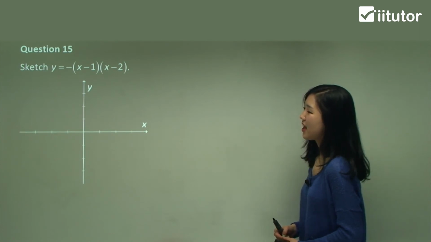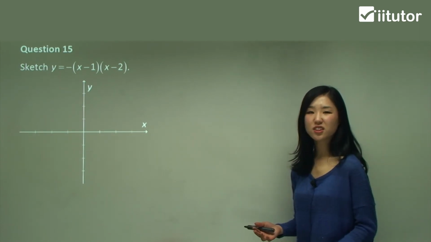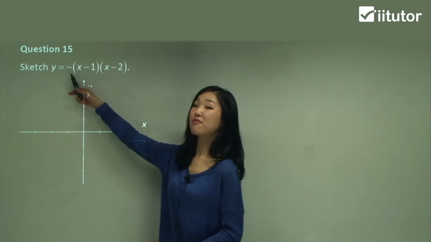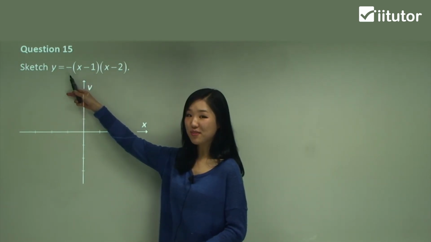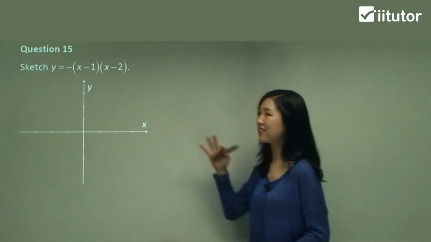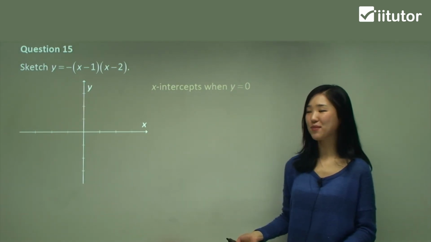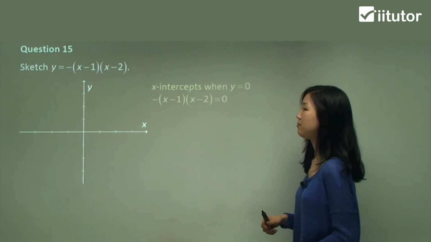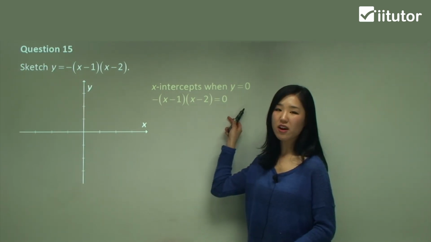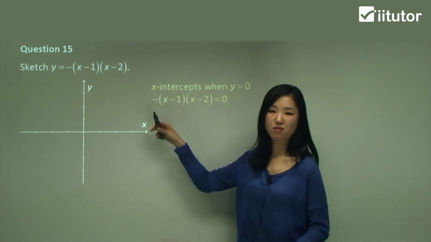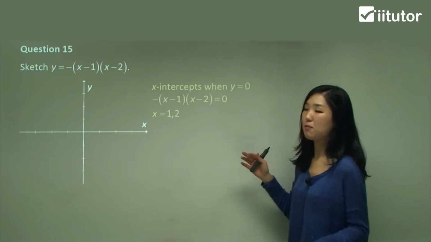15. The only difference here is that it's got a negative in front, but again, all of you should know what that indicates, so I'll ask you later. I'm going to start with the usual step of finding the x-intercept. So sub in y equals 0. Now if it's equal to 0, don't worry about the negative, because you can just eliminate that.